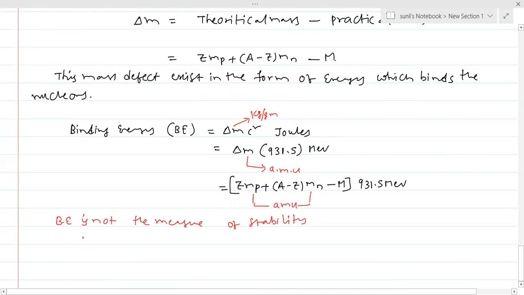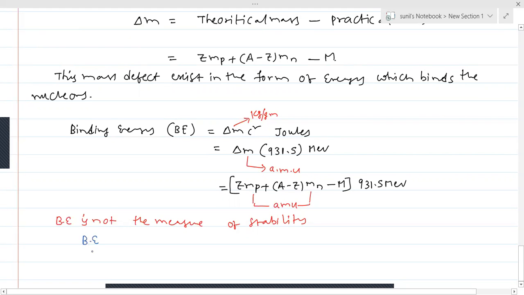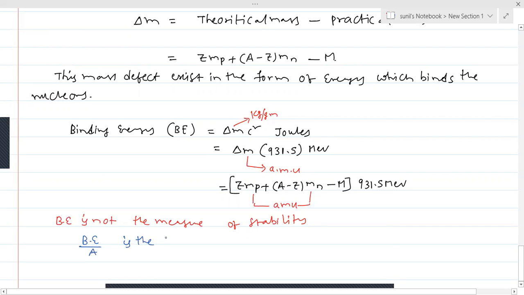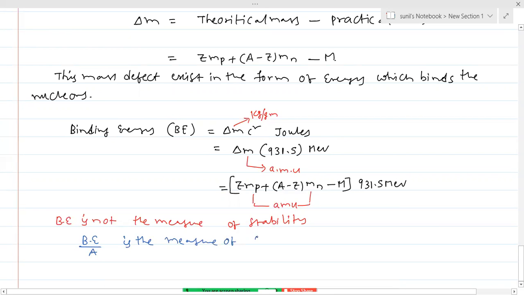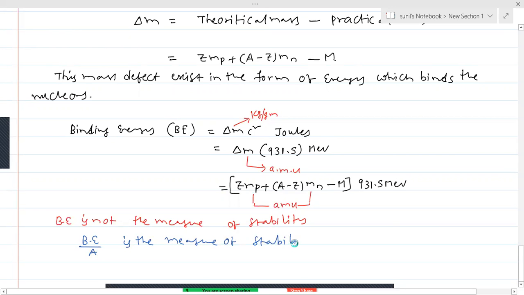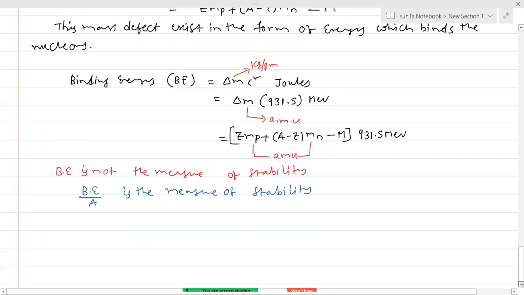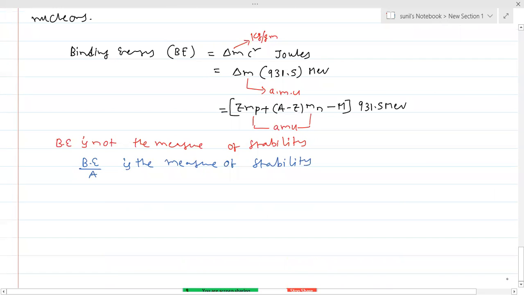But the binding energy per nucleon is the measure of stability.